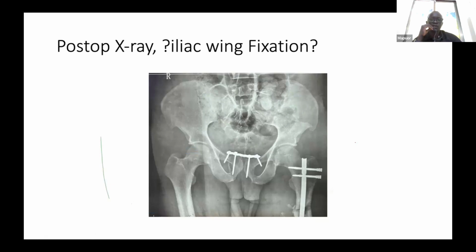I would actually have preferred putting 2 plates for this iliac wing fracture, one down toward the head of the femur, and the other one crossing toward the SI joint. That's the fracture on the left iliac wing. For the sacroiliac disruption on the right side, I would have actually put in the SI screw if this patient presented acutely. But my patient presented 2 weeks down the line. That's why I decided to leave everything and only fix the anterior.